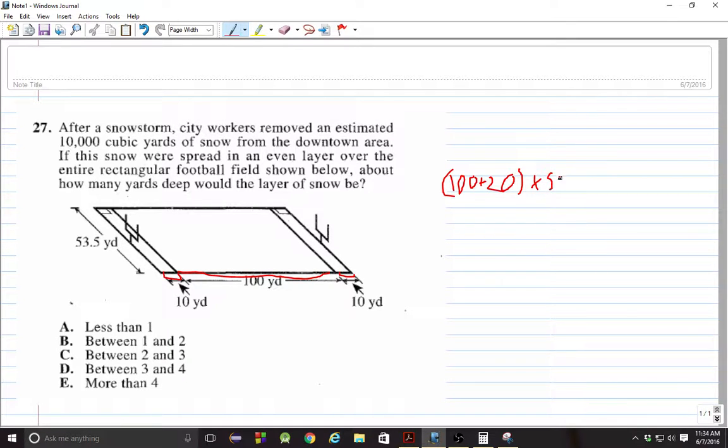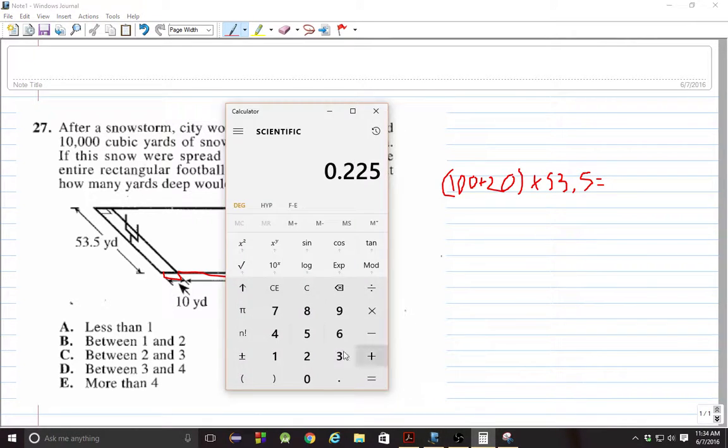Okay, that looks like a terrible multiplication sign, but whatever. So let's first multiply these together. So 120 times 53.5 equals 6,420.